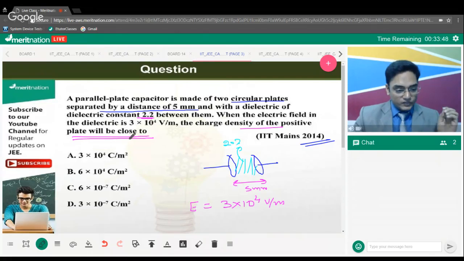Now, guys, see, electric field is given. You need to be very careful whether it is the net electric field or the maximum electric field. So we have to check this. When the electric field in the dielectric is 3 into 10 power 4 volt per meter, basically this is the net electric field of this dielectric.